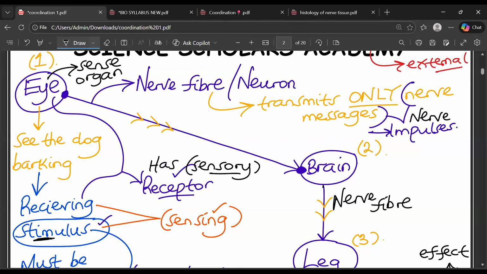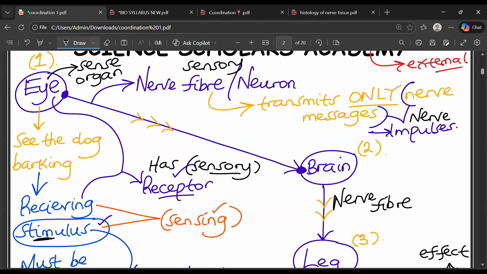Now these fibers are moving from the sense organ to the brain. Are you listening? Because it is coming from the sense organ, which has sensory receptors, this fiber or neuron is also called the sensory one. Sensory nerve fiber, sensory neuron.